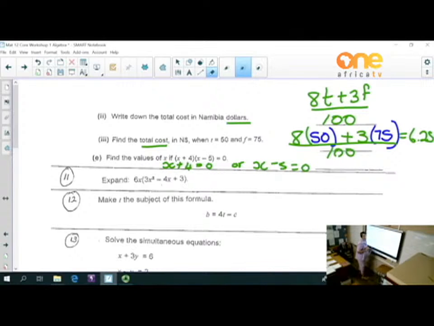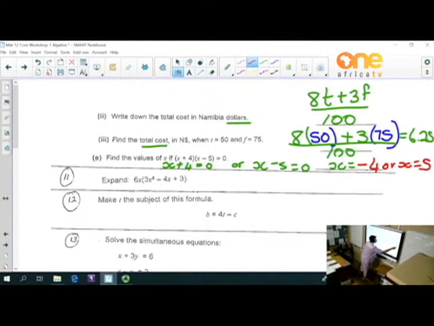One of them must be equal to 0 to get an answer of 0. And now if you take this one over, we can say that X is equal to negative 4. And again here you take the sign over, or X is equal to 5. So it will always be a change of sign. Question 11.